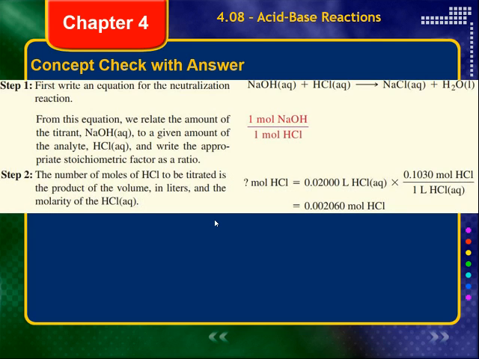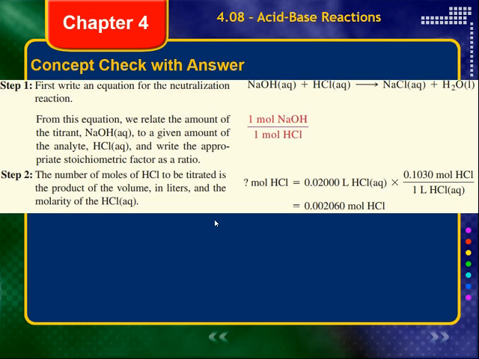Step 2. The number of moles of HCl to be titrated is the product of the volume in liters and the molarity of the HCl. So I want to know the moles of the solute. I can find the moles of the solute by taking the volume of what I had and multiplying that by the molarity of the thing that I know, because I know this particular concentration.